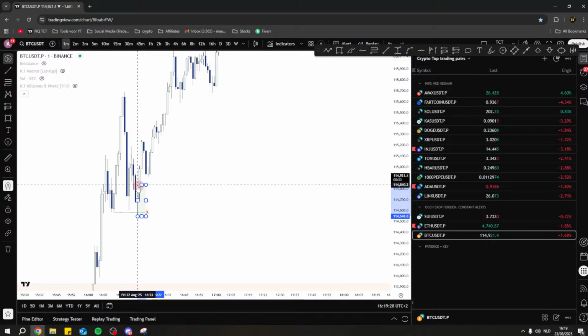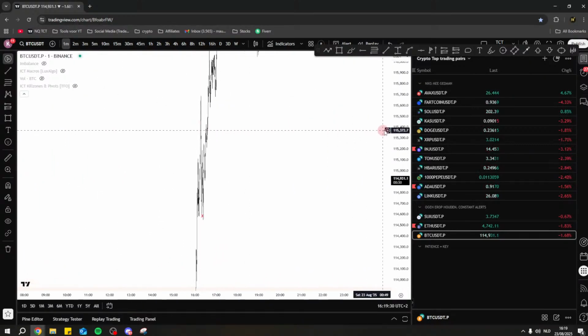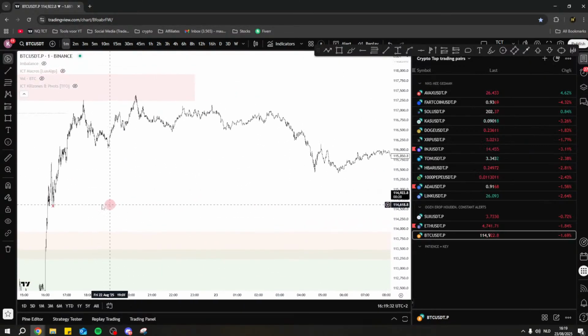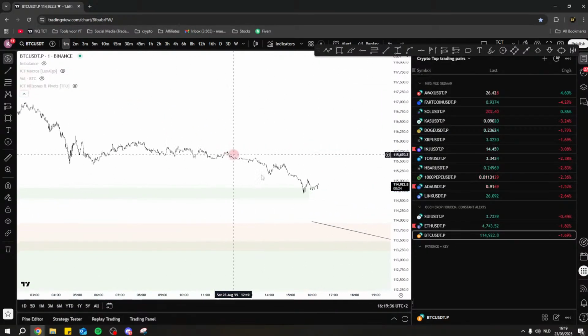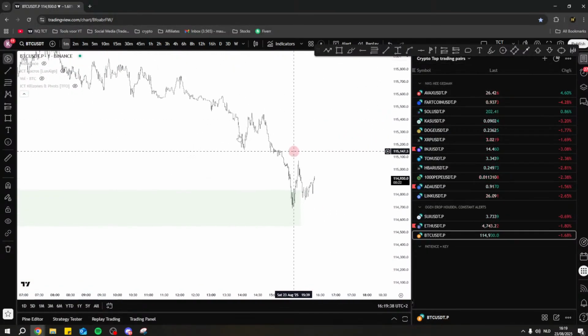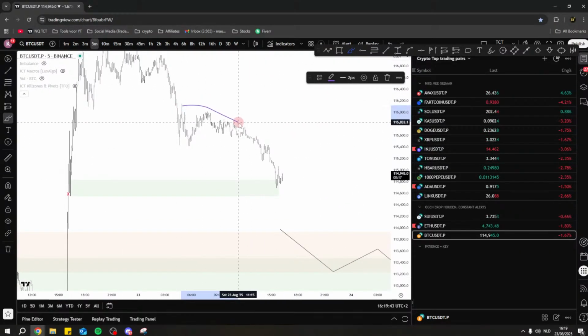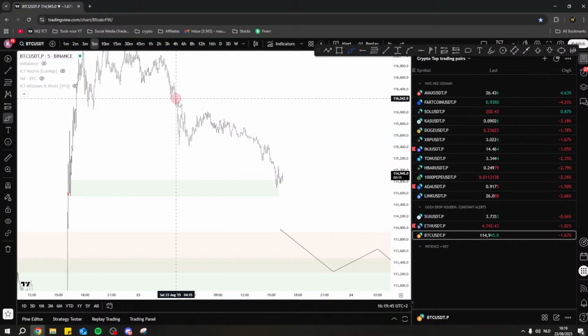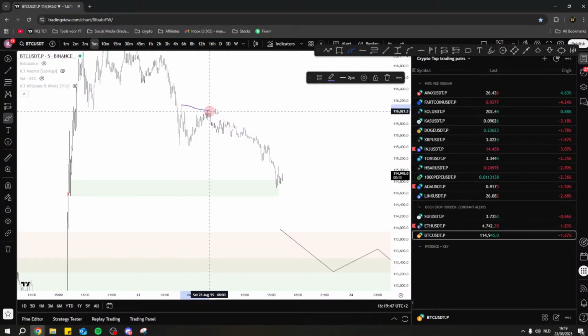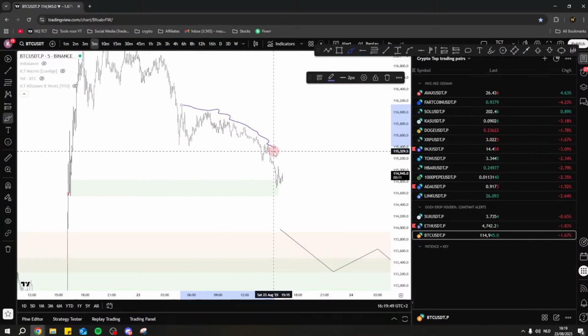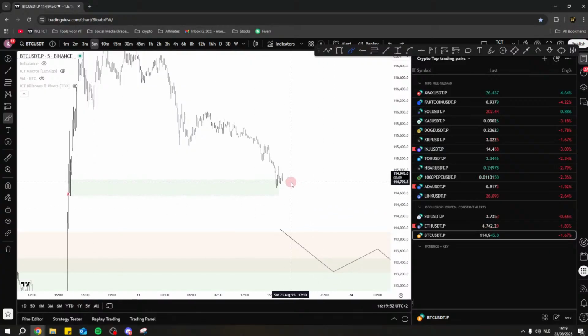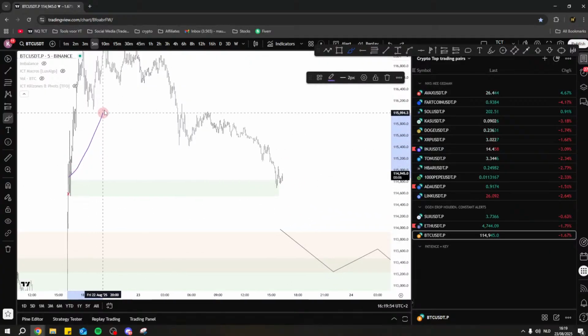Let me check if this is tested as well. It has been, well, that's where we're getting this reaction from. We do have a lot of trend liquidity here, and a lot of the time when you are building up that liquidity, you are doing so until you have grabbed everything on the left side or have tested everything back.